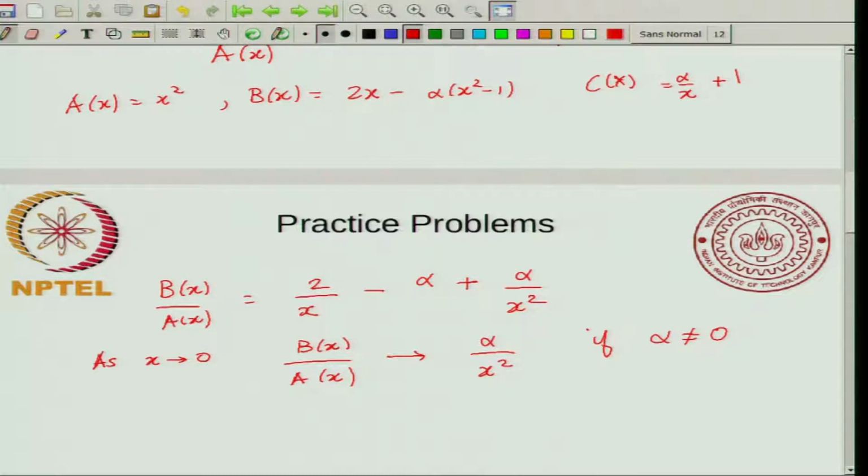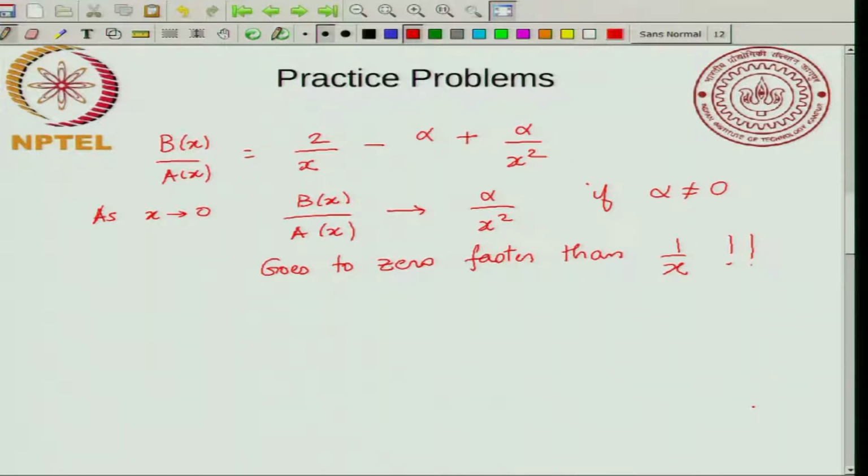So alpha by x square is the largest term as x goes to 0. If alpha is not equal to 0, then b by a goes as alpha by x square, which goes to infinity faster than 1 by x, and so you cannot use the Frobenius method.